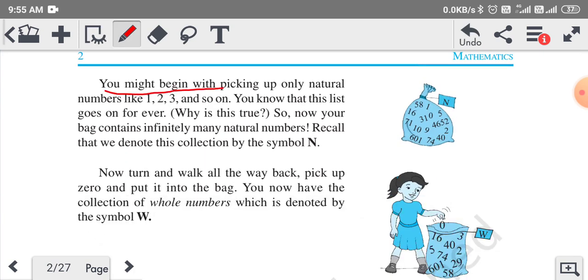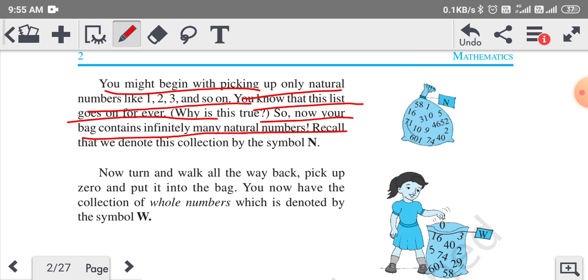You might begin with picking up only natural numbers like 1, 2, 3 and so on. You know that this list goes on forever. Why is this true? So now the bag contains infinitely many natural numbers. Recall that we denote this collection by the symbol N.